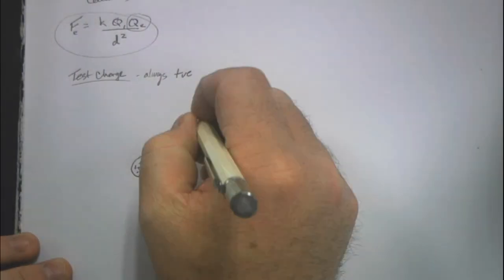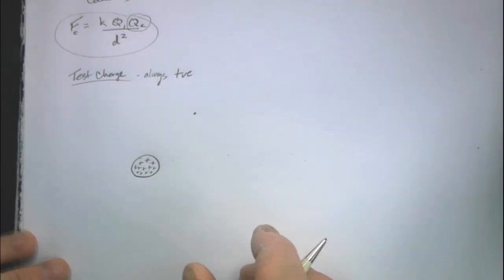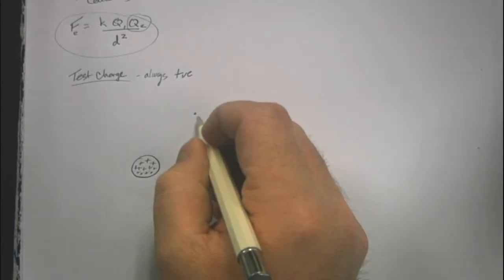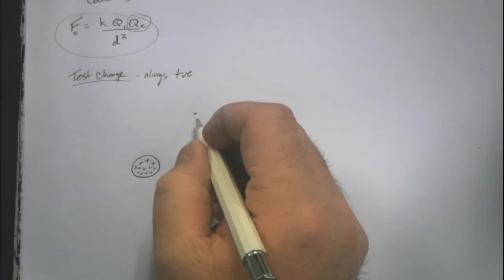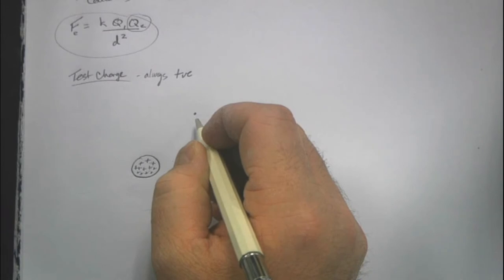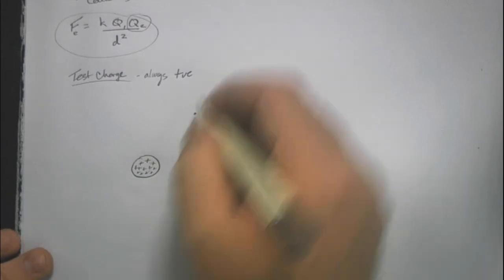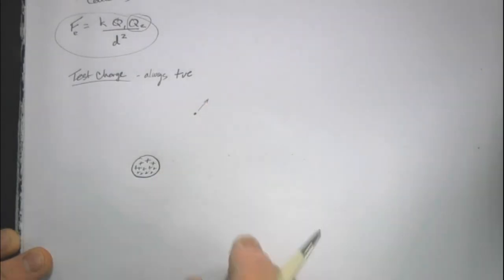And if I put our test charge right there, remember it's positive, what's going to be the direction of the force acting on it? Where's it going to go? If this is a positive charge, it's going to go that direction, right?